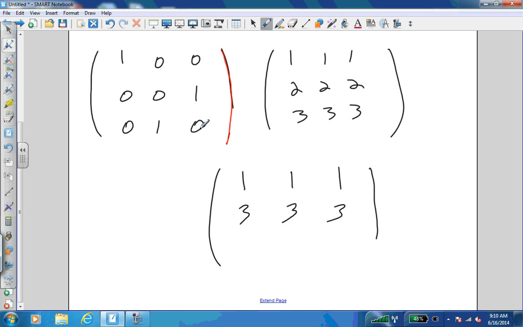When we multiply this one times the first column, we get a 0, a 2, and a 0, so 2. Second column, 0, 2, 0, 0, 2, 0. So when we multiply times each row, we only get what is in the second position. Since we do row and column, the second position in this column is the second row. So notice we just interchange the second and the third row.